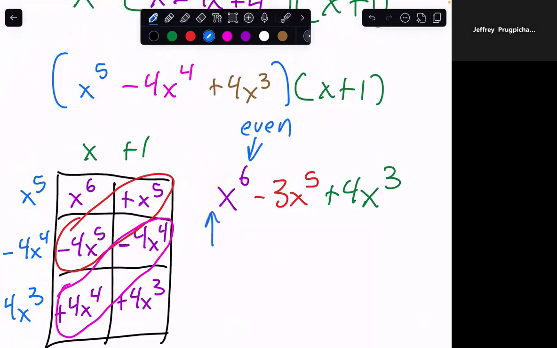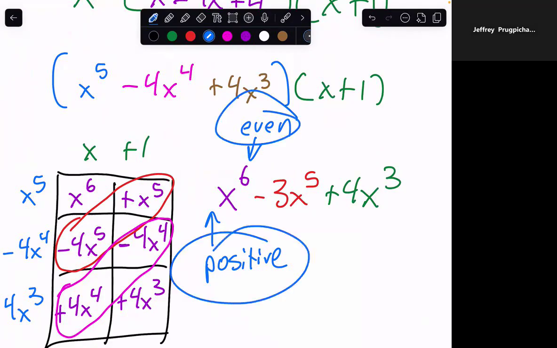And then the leading term, the term with the biggest exponent, it's positive, right? It's invisible positive 1. So let's flip back to the chart on the front page to remind ourselves what's the end behavior when the polynomial has an even degree and is positive.